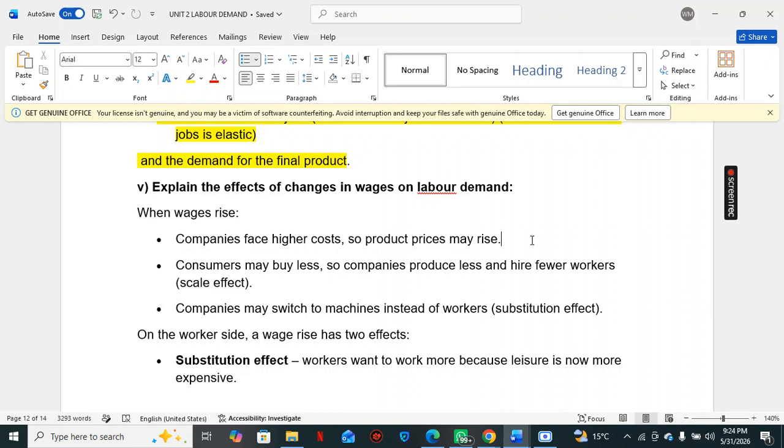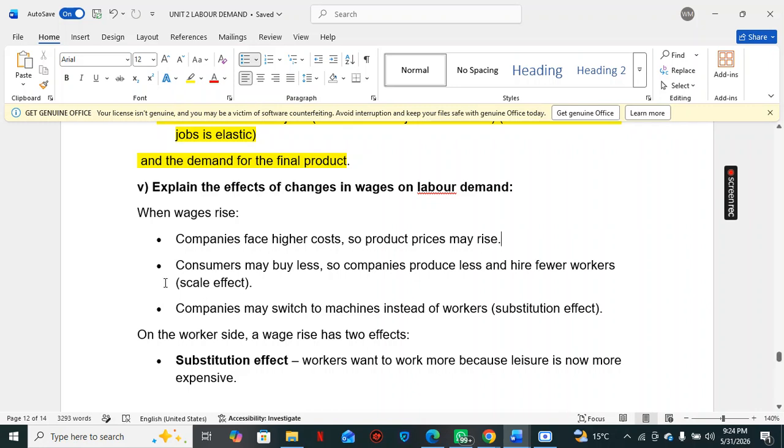And what happens now when consumers start to buy less? The companies eventually have to cut down on production. And when a company cuts down on production, it's not going to need as many workers as it needed earlier on. So the company hires fewer workers.